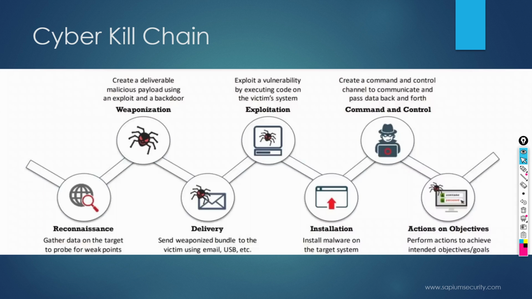So if you focus here, the very first thing any hacker would do, or if I were a hacker, what I would do first is reconnaissance. Reconnaissance means gathering data on the target to probe for weak points. Obviously, if you want to attack someone, the very first thing you do is gather information on what resources are available there, whatever the OS. For example, let's suppose you want to attack a country, or there's a war situation.